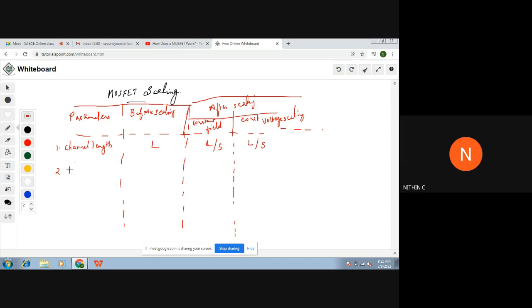Channel width, that is also a dimension, right? If I represent the channel width as W, it will be scaled down to W by S, and in constant voltage also it will be scaled down to W by S. No change in that. Third parameter, gate oxide thickness.